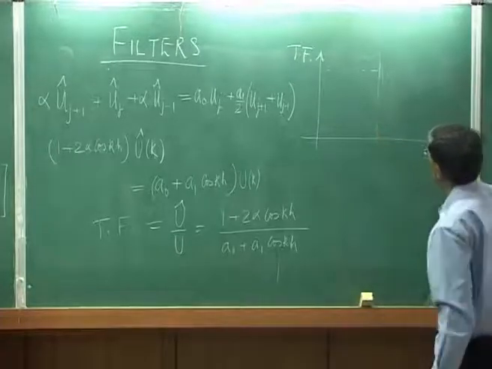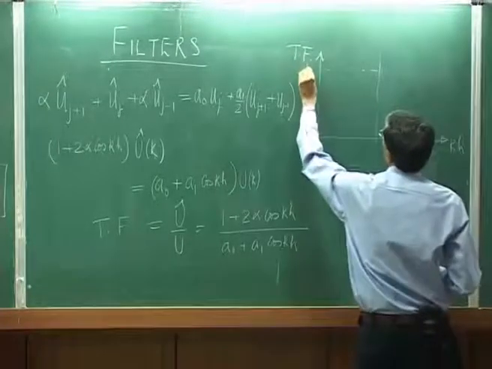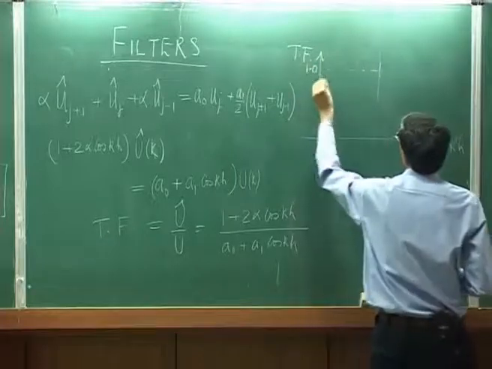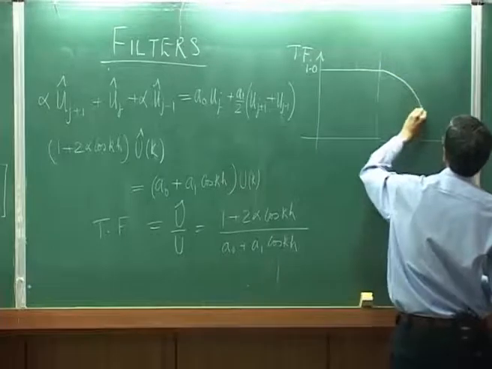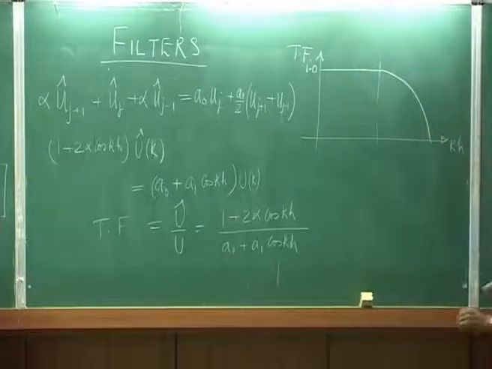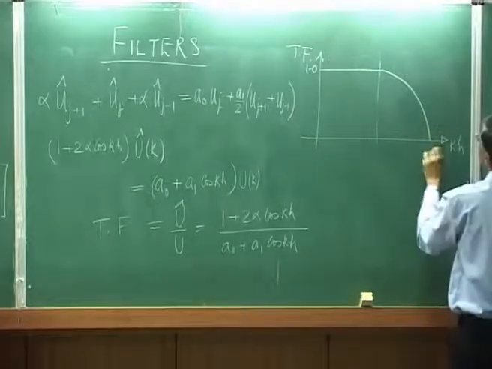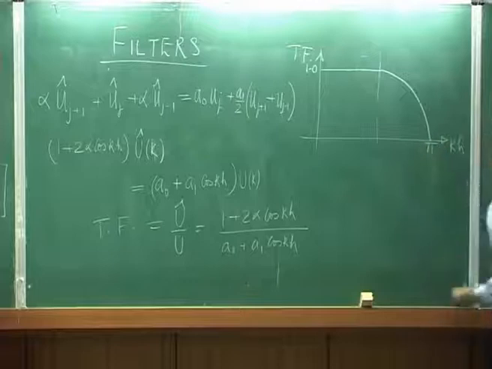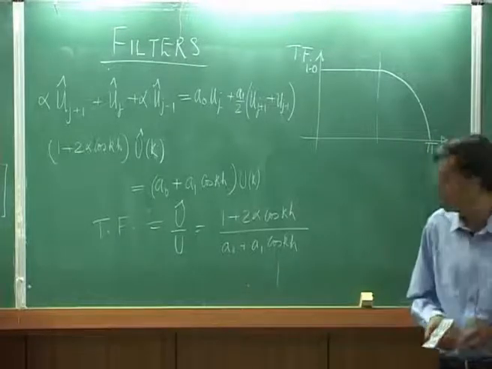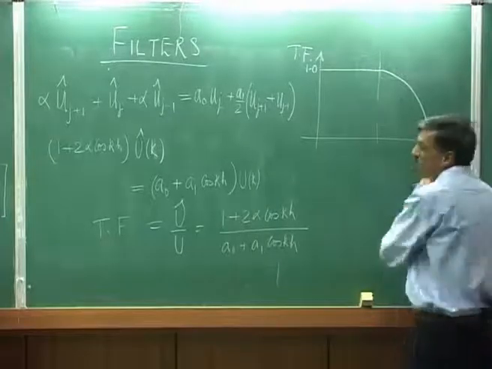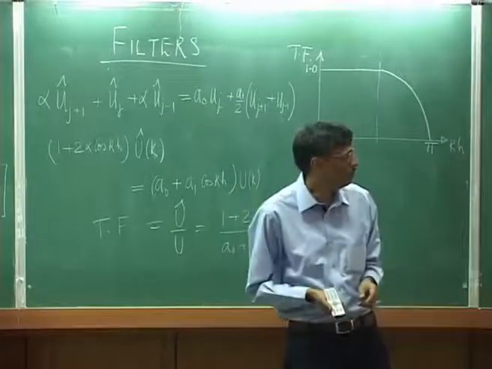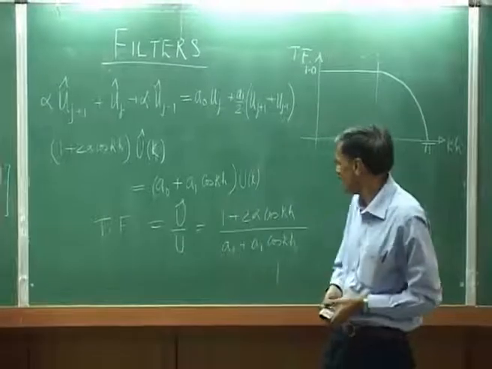Okay. So it should remain flat equal to 1, and what we would like it to do is attenuate all the higher kh components, and this is what we expect to happen, that the transfer function should be equal to 0 at kh equal to pi, and that is what we are talking about.